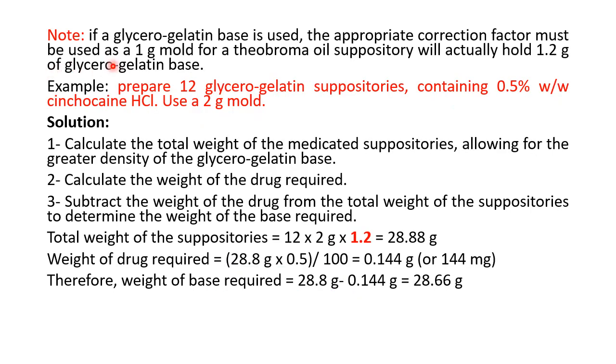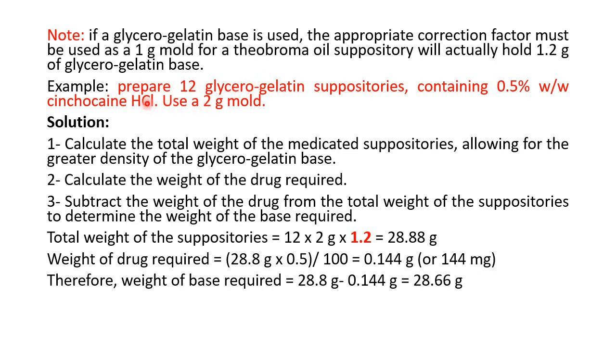In the previous example, we had a theobroma oil base. However, if we have glycerogelatin base, then we have to use the correction factor, which is 1.2. And we discussed why we have to multiply all the time with this correction factor.